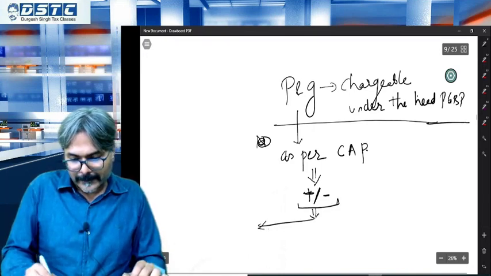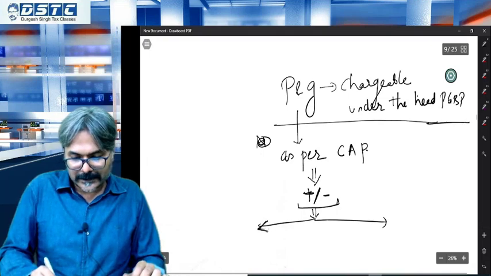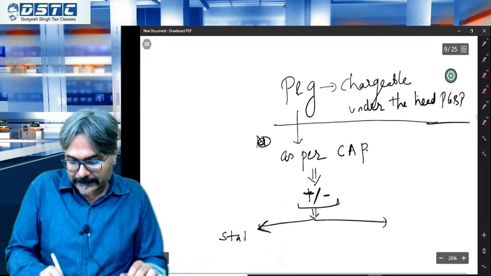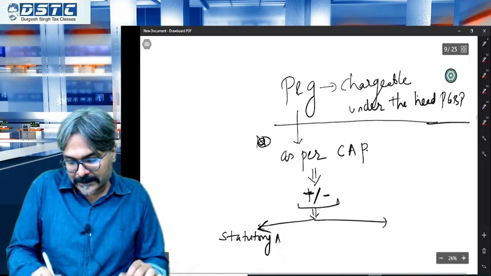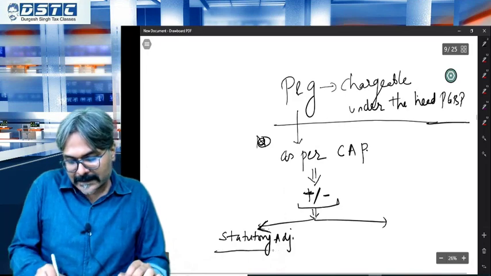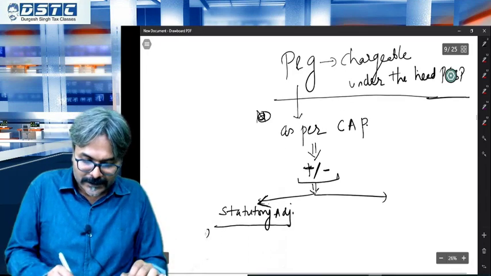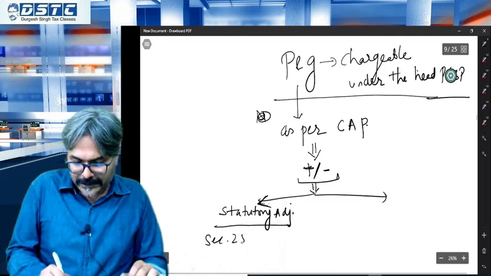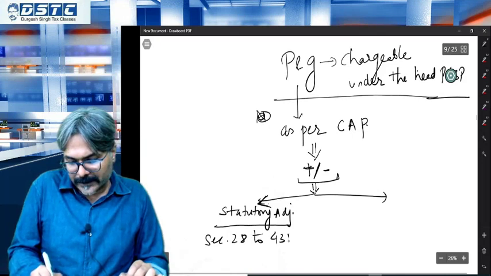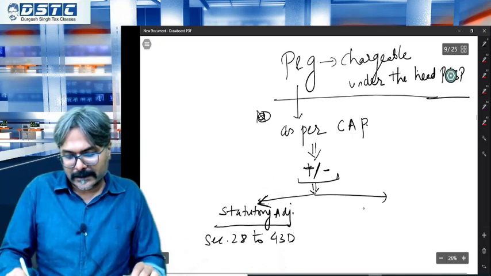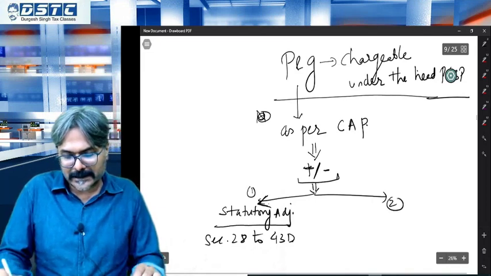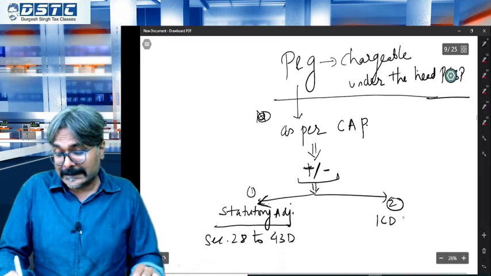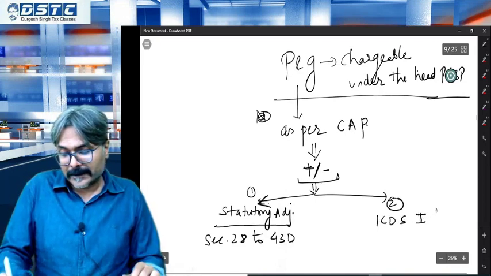two things. Which are those two things? The first is statutory adjustments. And for statutory adjustments, what is the section? Section 28 to 43D. So this is the first add and less that has to be considered. And the second one is ICDS 1 to 10.